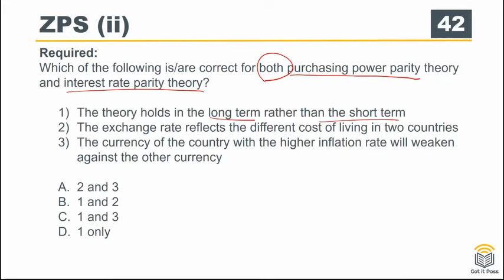In our discussion of purchasing power parity theory and interest rate parity theory, PPP is a forecasting theory in which we forecast S1, the spot rate at period 1, which is the exchange rate a certain period of time from now.